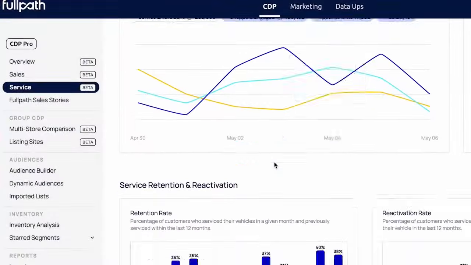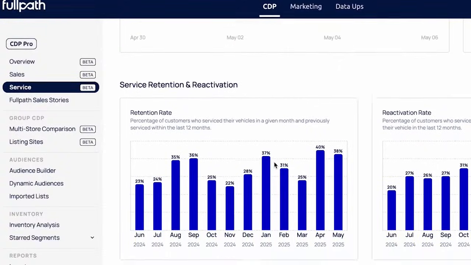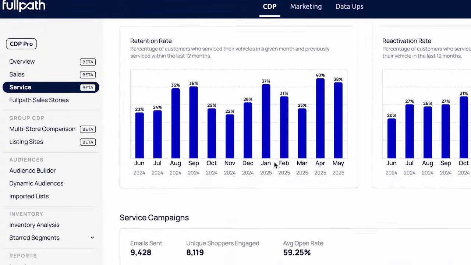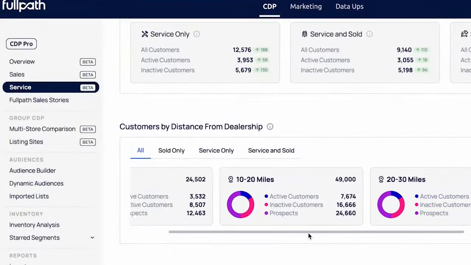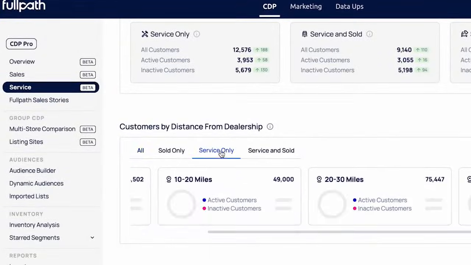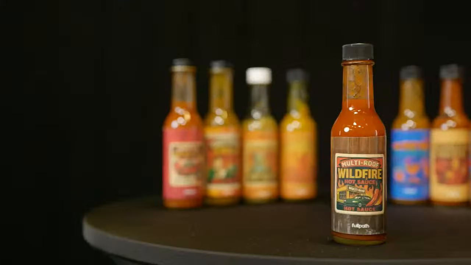Not only do we look at the customer browsing history, we can also look at other attributes that we have, like total lifetime value, total spend with the dealership, and different segments that they're in. So if it's a sold only customer, or a sold and service only customer, we roll that data up from the individual stores to get a group enterprise view of the customer. Sounds like a lot of efficiency for the dealers as well as a better customer experience.